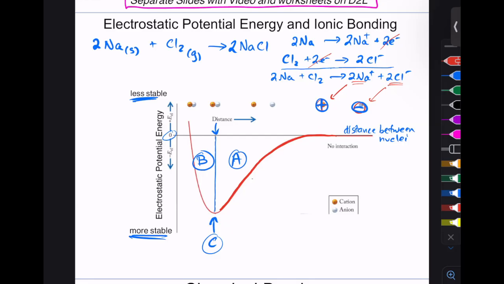The positive and negative are coming closer together, they're stabilizing each other. So overall, it's a lower potential energy. But at some point, this curve goes back up. So let's define what A is. We're gaining stability here. This is electrostatic attraction.